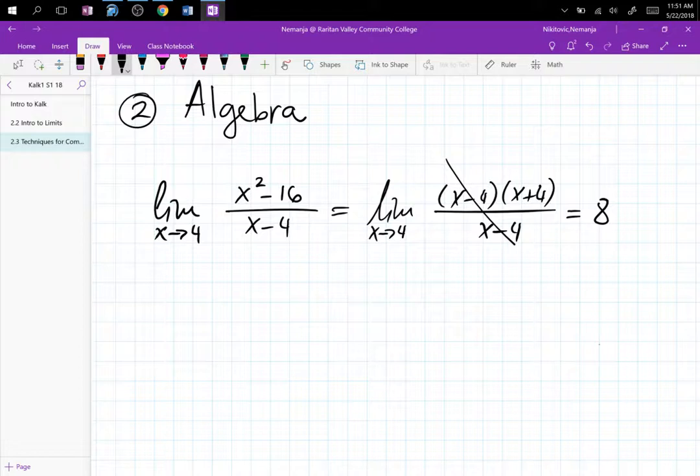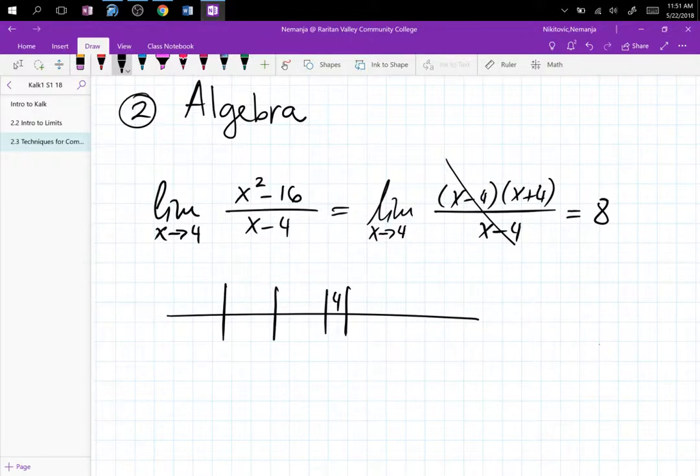Now, what I want to do is I want to encourage chart on this example, because you might not believe me that the answer is 8, right? So let's do the chart real quick. So we are interested in what's happening at 4.